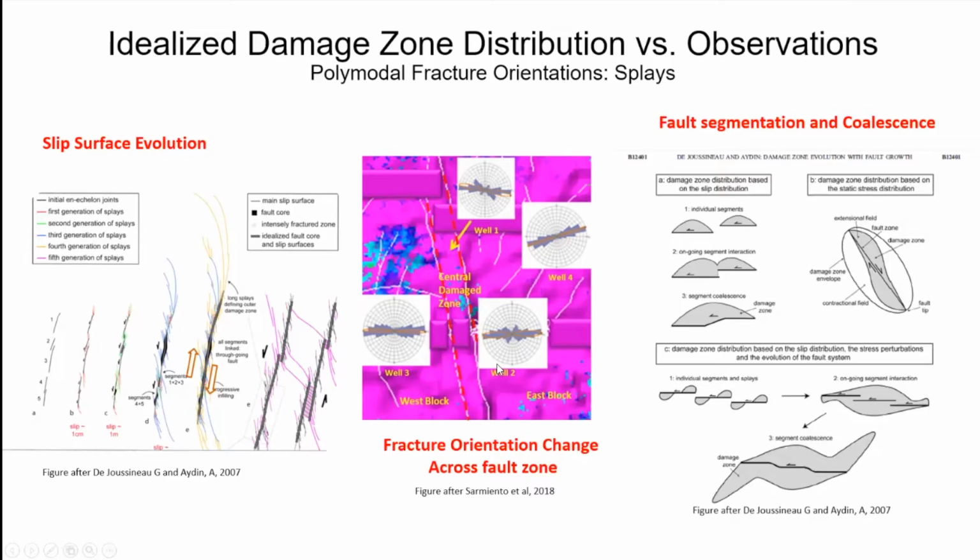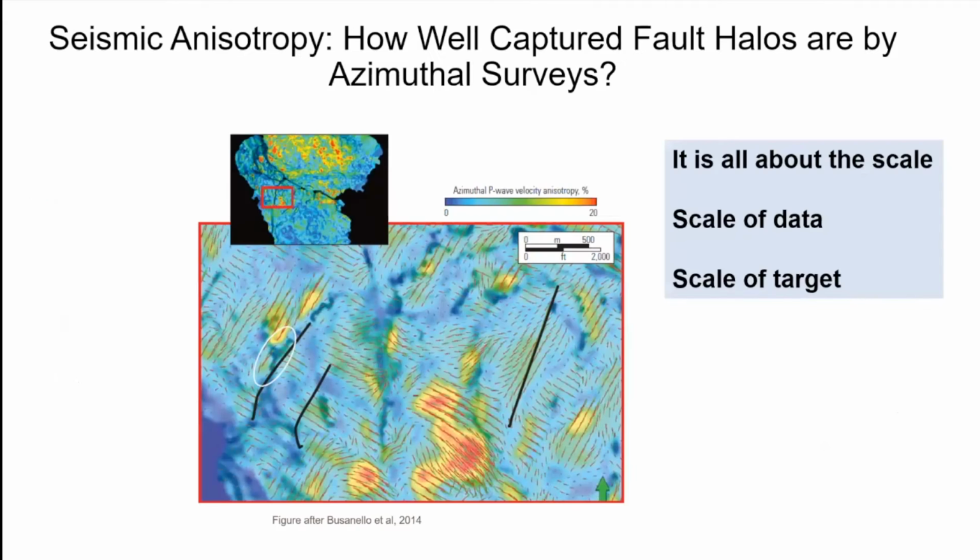It shows that depending on both the progression of the slip and the development of the fracture orientation related to that particular segment, we are going to have a not necessarily uniform distribution in terms of orientation in that damage zone. So fault types are key as well, not only fault size.